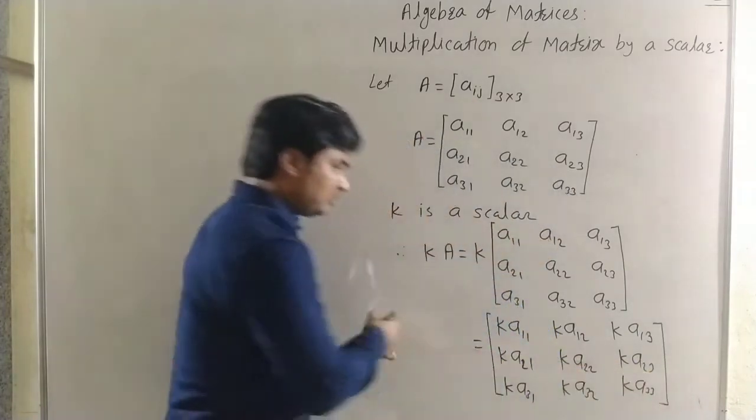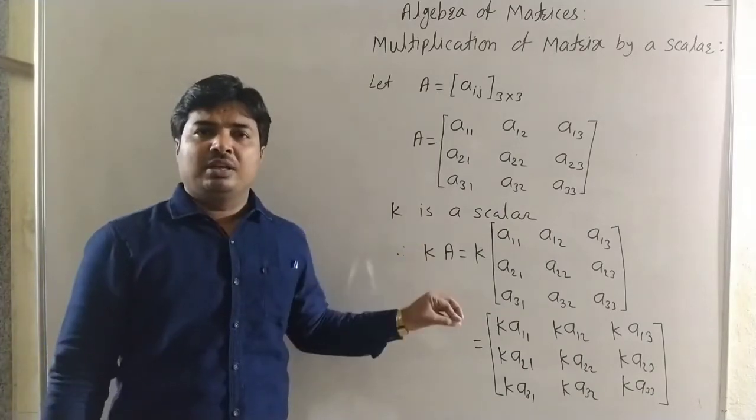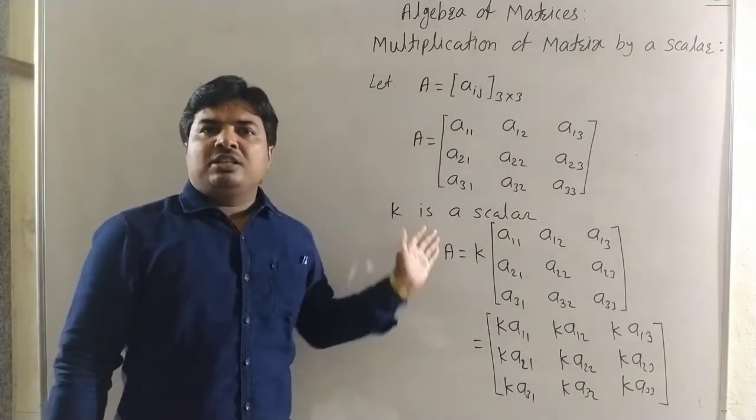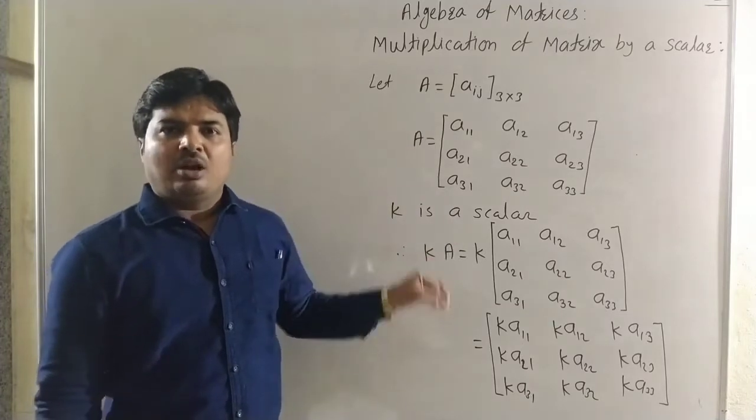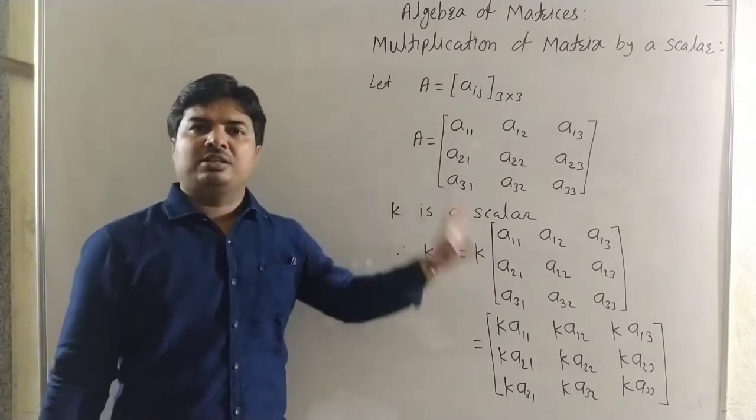Here it is the scalar multiplication. That means we multiply a matrix by a scalar, that is, we multiply all elements in the matrix by the scalar.